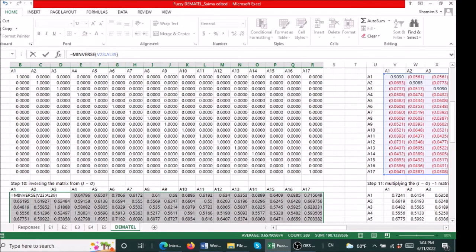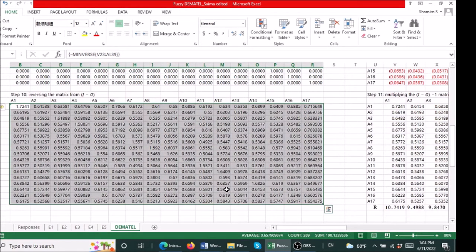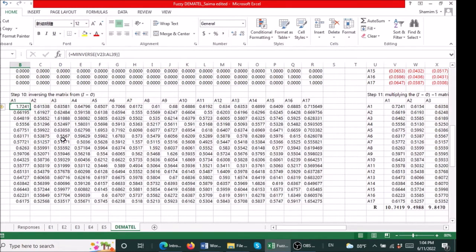We have to press Ctrl Shift and Enter. So we got the MINVERSE value, right?